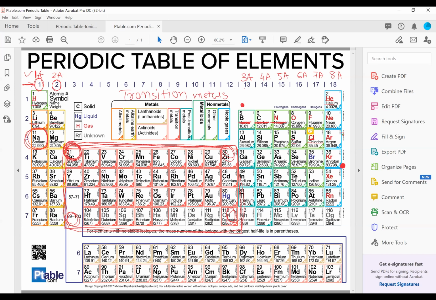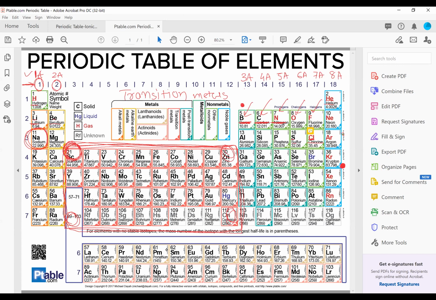Also remember this: every time you write the symbol, the first letter of the symbol must be capital, right? Let's say if you talk about boron or carbon or nitrogen or oxygen or fluorine, when we represent it using just one letter, it has to be capital.